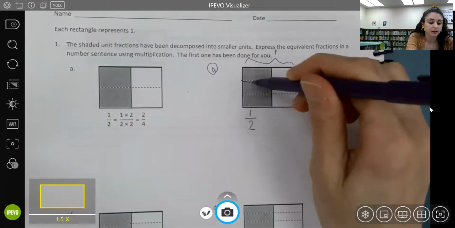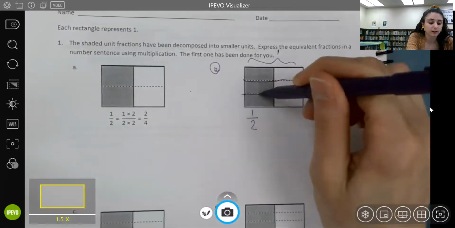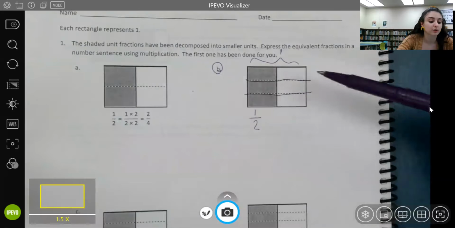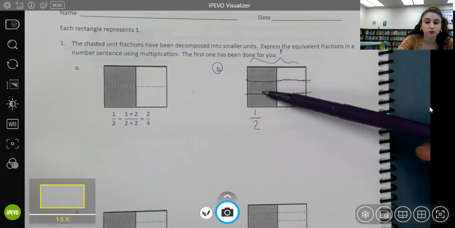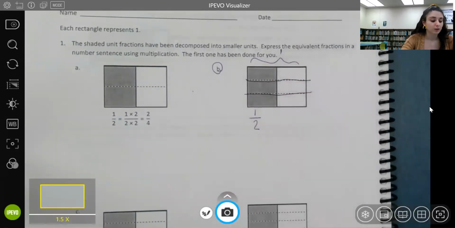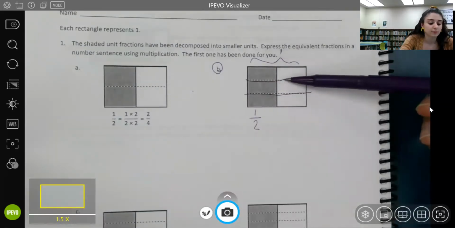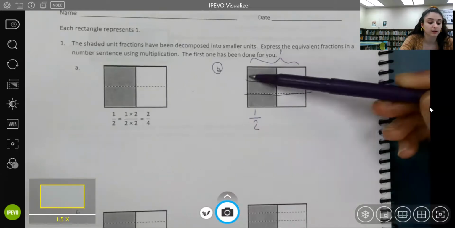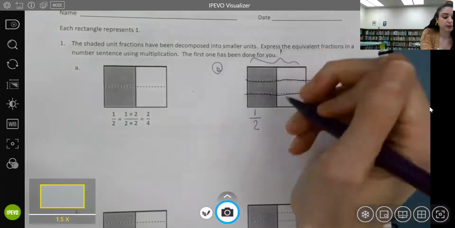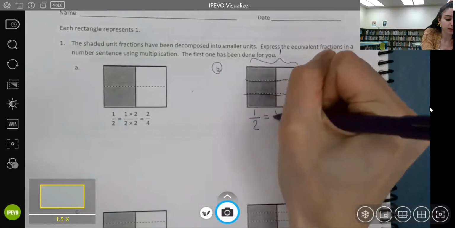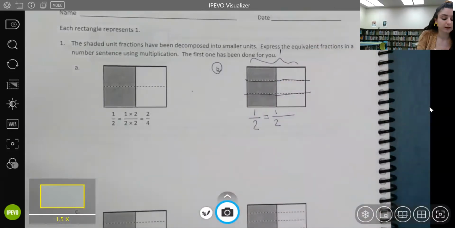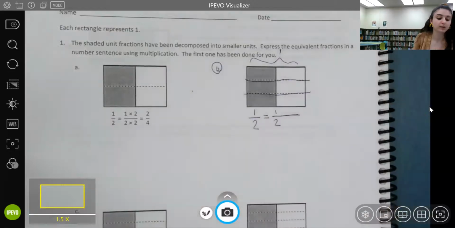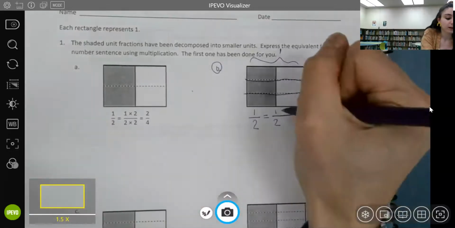So we have this line going through here and a line going through here. Now we're going to find out what our fraction is for the shaded region. Since we cut it once and twice, we're going to put an equal sign and write 1/2 again, and give yourself some room on our big number line.